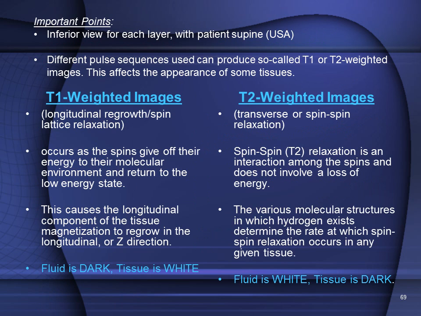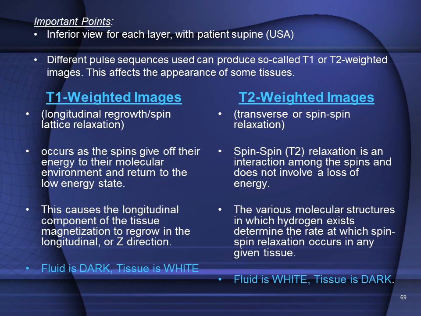Again, if interpreting an axial view or slice of an MRI in a patient who is in supine position, our view is from the inferior perspective. Depending on the pulse sequences that are used, we can change the contrast in the film. This is called T1 or T2 weighted imaging.